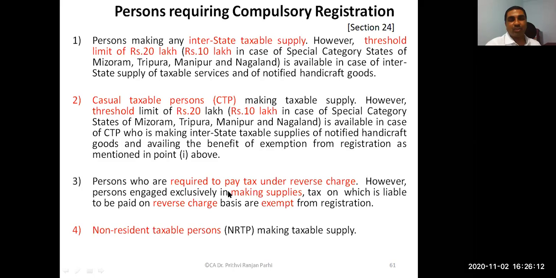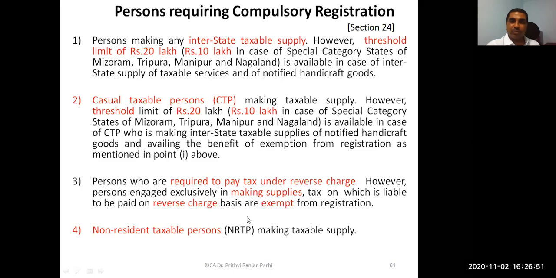If the person is exclusively engaged in making supplies on which tax is leviable on reverse charge basis, that person is exempt from registration. He need not come under the category of compulsory registration. He need not be compulsorily registered. Otherwise, if reverse charge is applicable, he has to get himself registered.